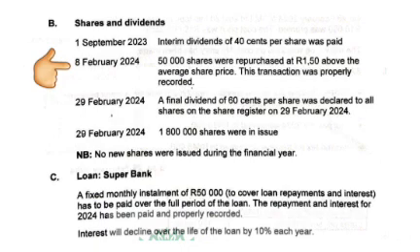Then we move on to the shares that I repurchased. Remember, it was on the 8th of February 2024. They told me that there were 50,000 shares that were repurchased at R1.50 above the average share price. This transaction was properly recorded. So what I'm going to do there is record this amount, remember we calculated it was 75,000 when we were doing our balance at the beginning of the year.